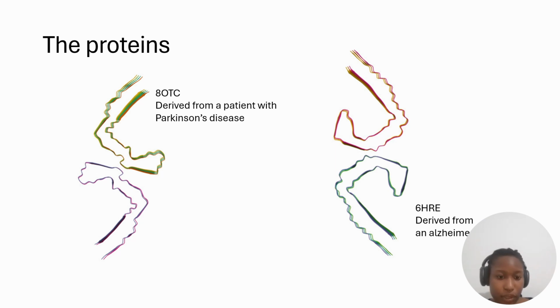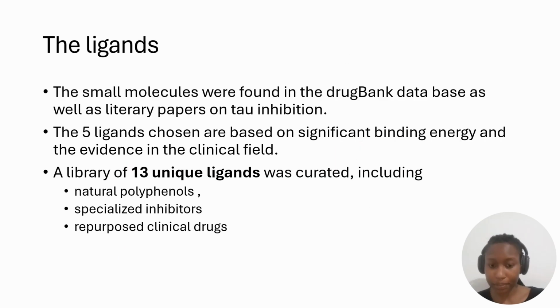So these are the two proteins I used. I used two basically because the Parkinson's fragments are very hard to find, and the ones that I did find are very new. They're from 2023, and there's not a lot of research on it, especially not for binding affinity. So I also looked at 6HRE, which is a protein taken from an Alzheimer's patient.